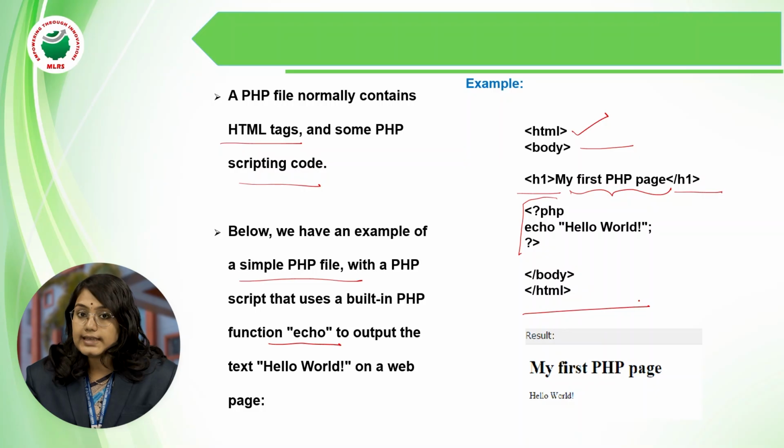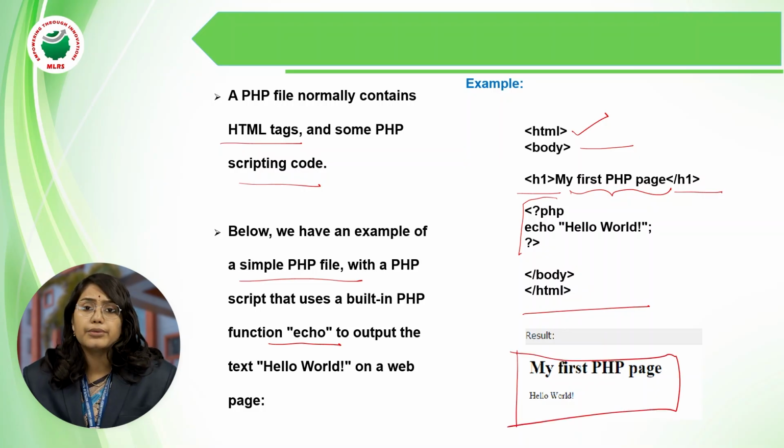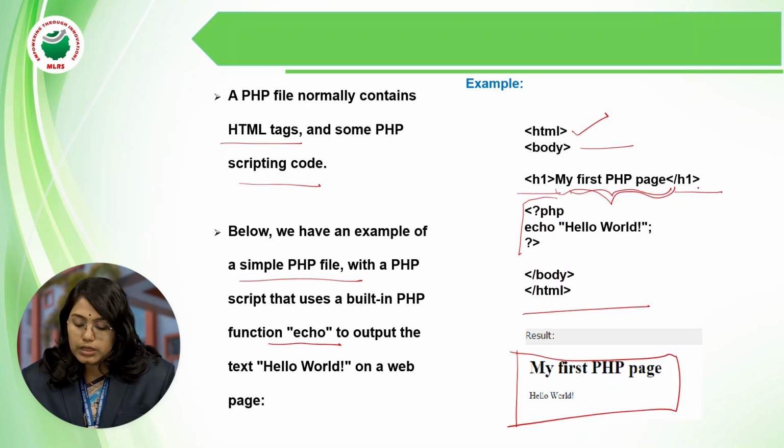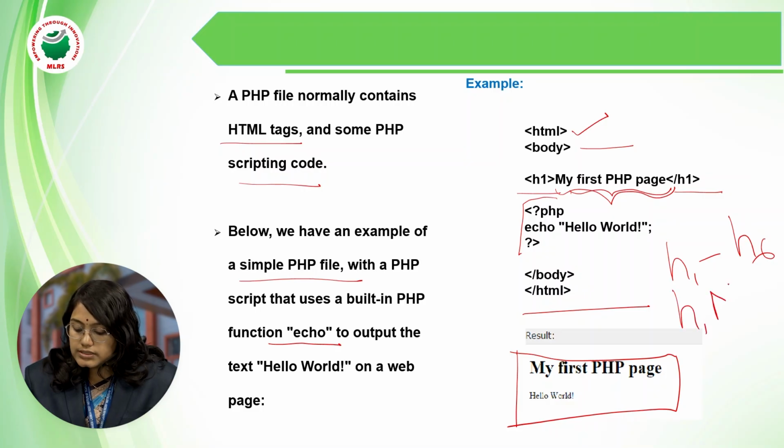After this, let's see how the result of this program executes. Coming to the results, let's see the example result. Whatever we are giving in the heading, we are giving my first PHP page, so it will display. Here we have H1 to H6. H1 is some larger size.